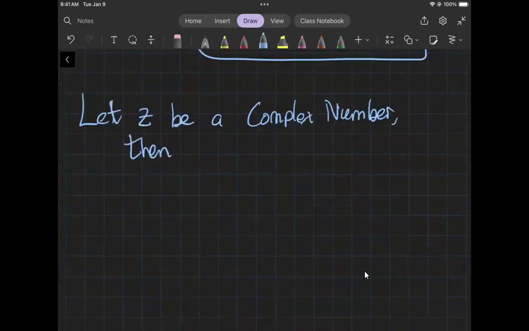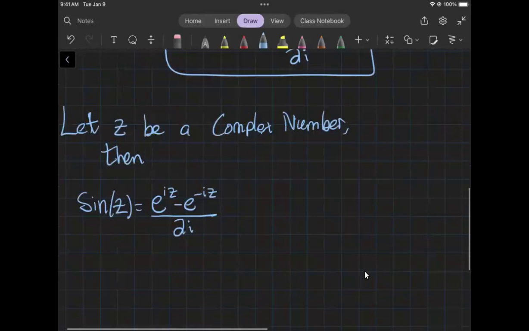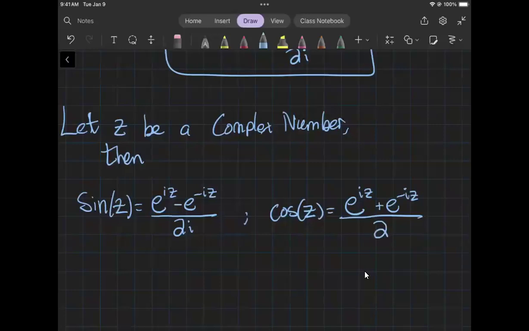Then sine of z equals e to the iz minus e to the minus iz divided by 2I. And then cosine of z equals e to the iz plus e to the minus iz over 2. Okay.